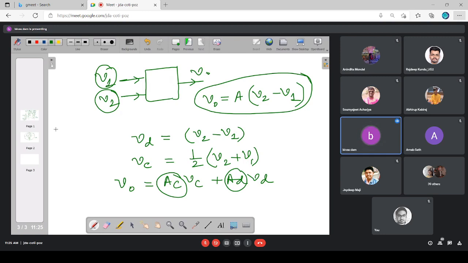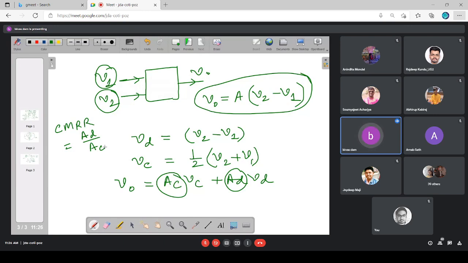So there we go for one term, CMRR, common mode rejection ratio. Common mode rejection ratio means how well it is rejecting the common mode part of the two input signals at the output and only amplifying the difference mode part. So by definition it is AD by AC.